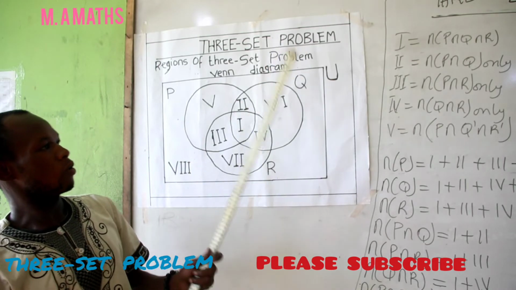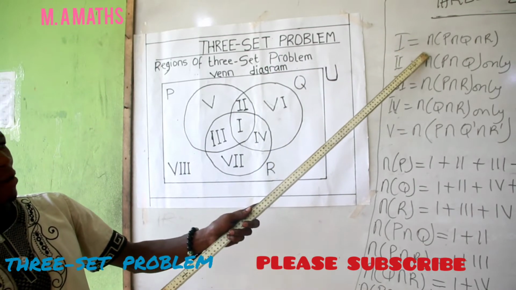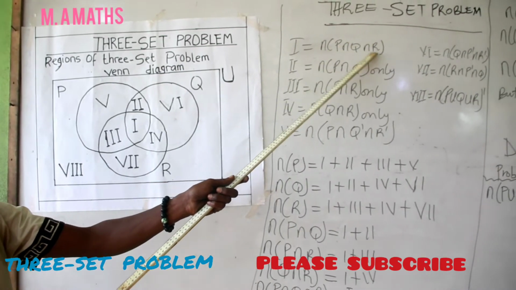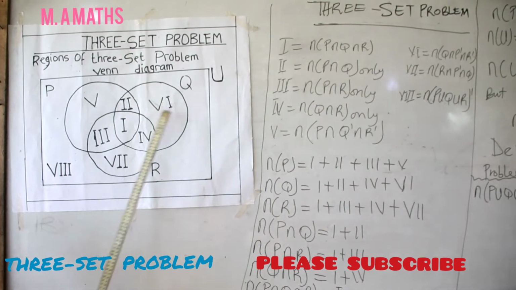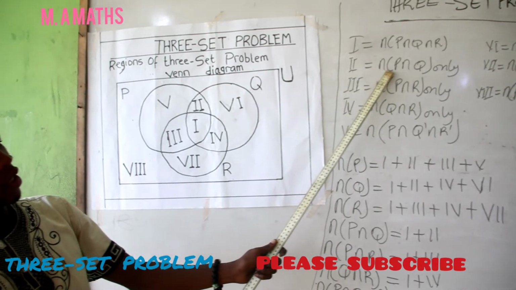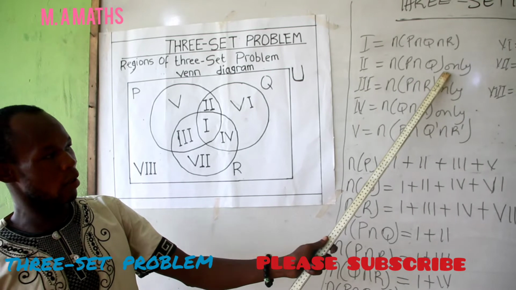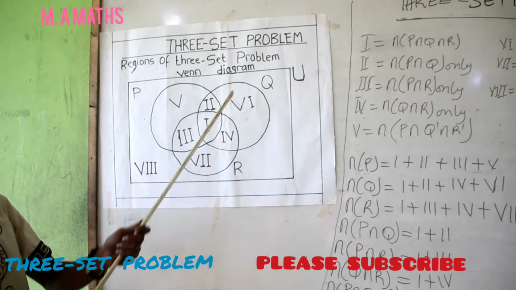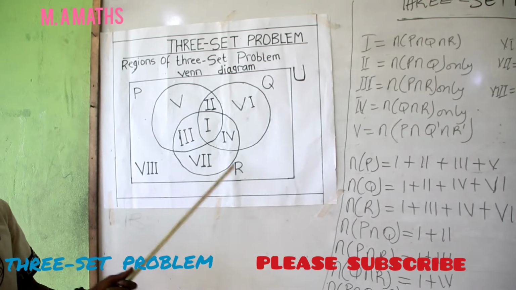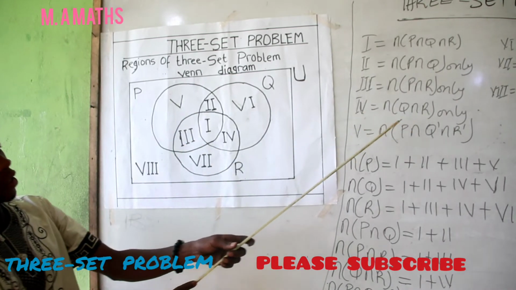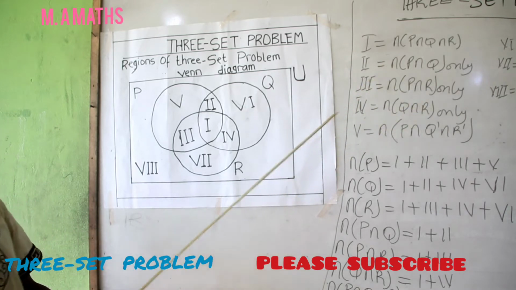From here, region 1 represents the intersection of P, Q, and R. Region 2 represents P intersection Q only. Region 3 represents P intersection R only. Region 4 represents Q intersection R only.